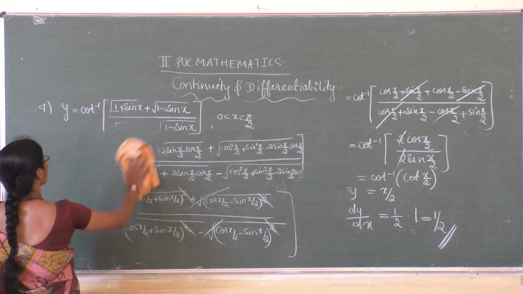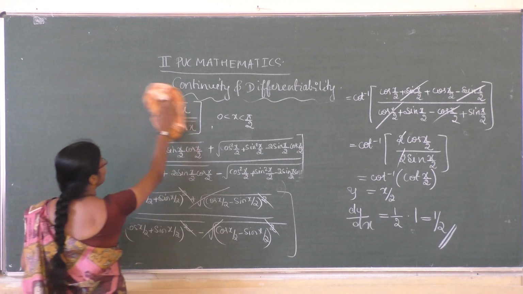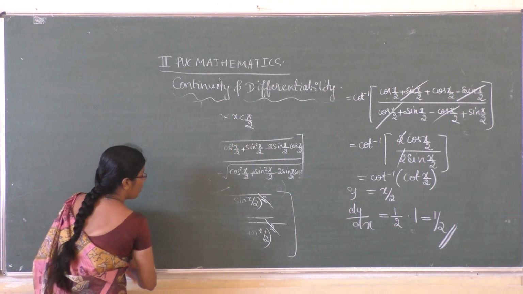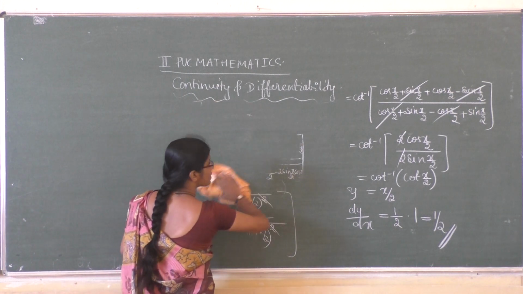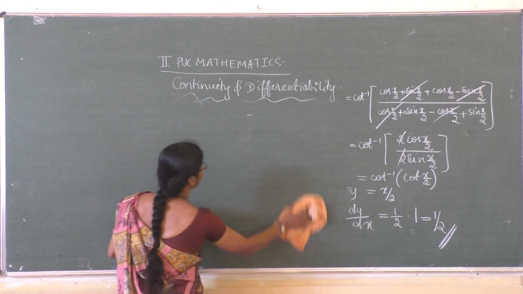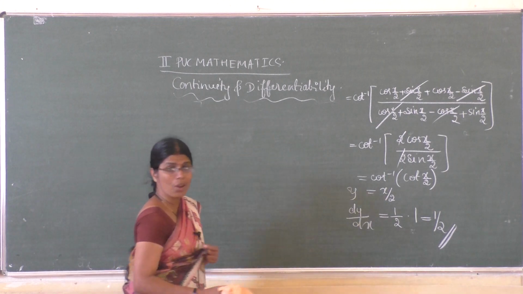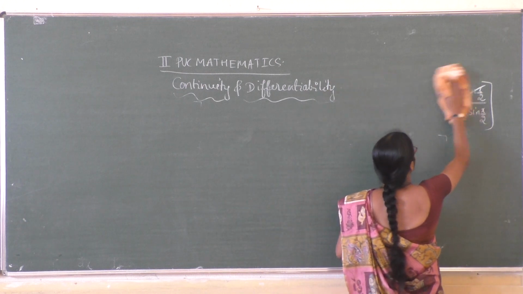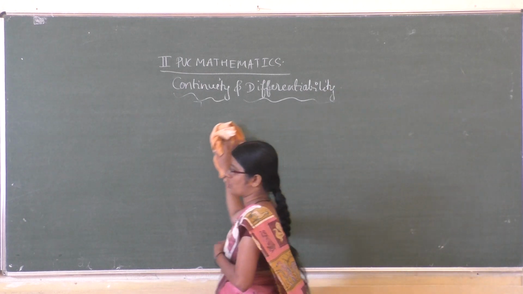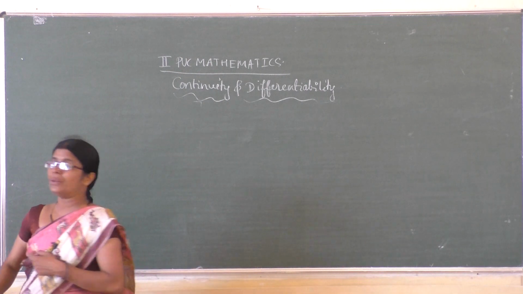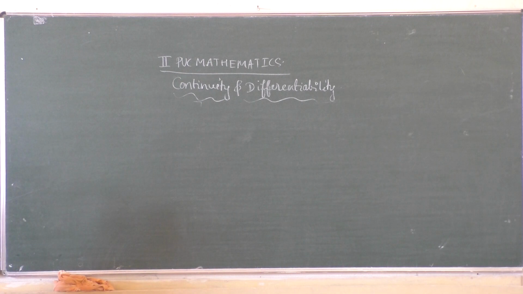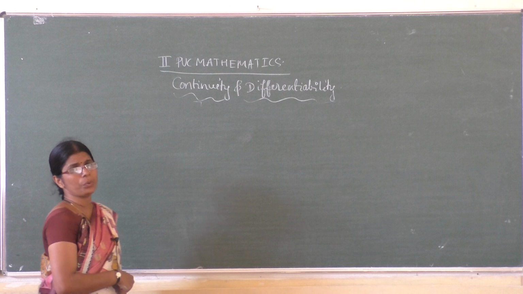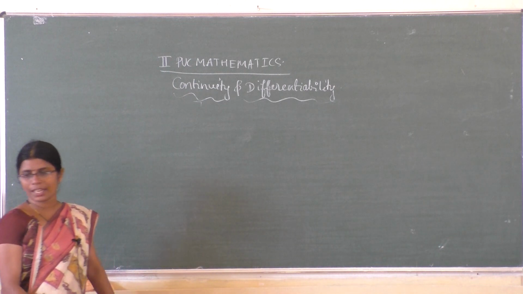Direct differentiation is difficult in this type of problems. So first simplify, and then differentiate the given function. Reduce the function into a standard form, then differentiate.